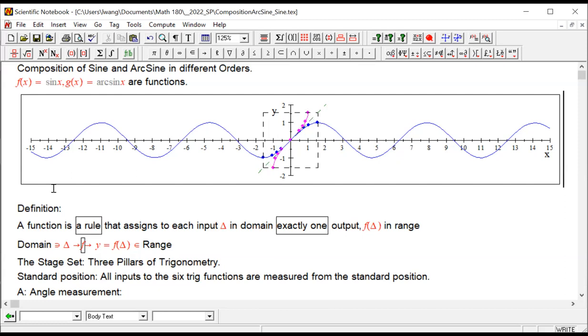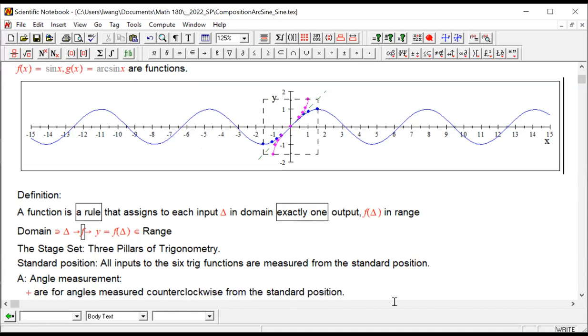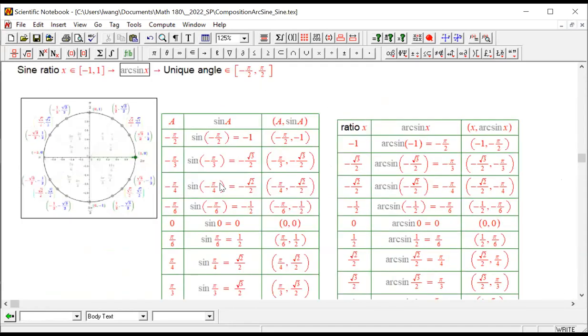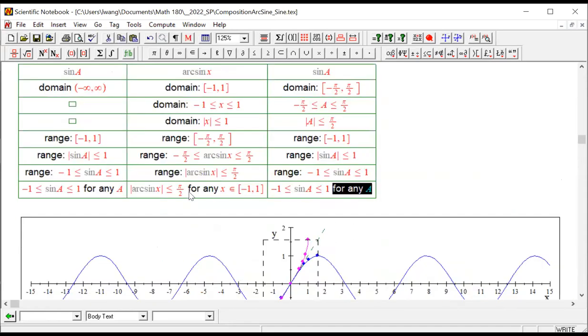The purple is arc sine, the blue is the sine. And this little box is what we discussed: these pieces of sine and arc sine are inverse to each other. So we have that study.